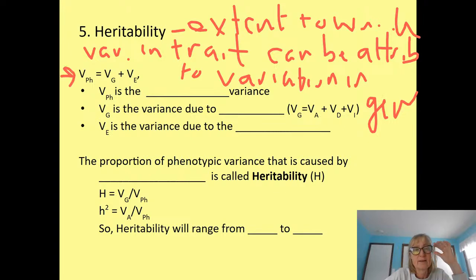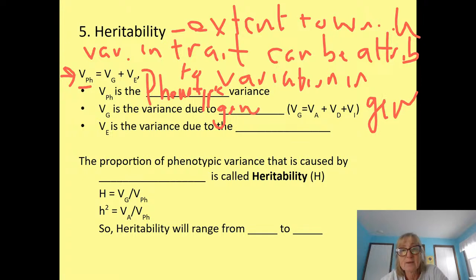So let's look at this. We're going to use the big letter V to represent variance, and we can think of that as the spread in the data. The phenotypic variance, that's what VP stands for, is equal to the variance due to genetics plus the variance due to the environment, VG and VE.